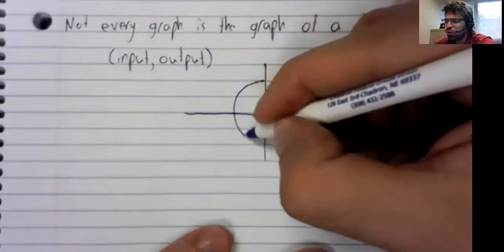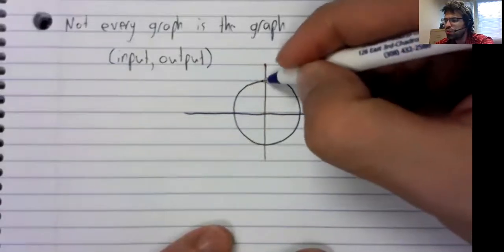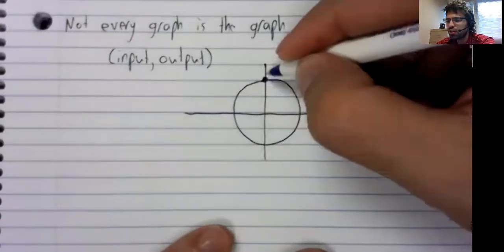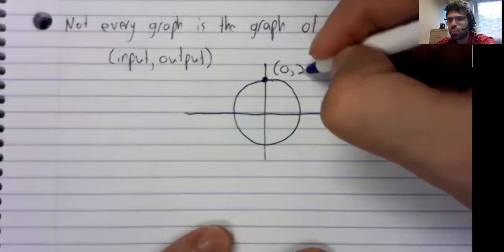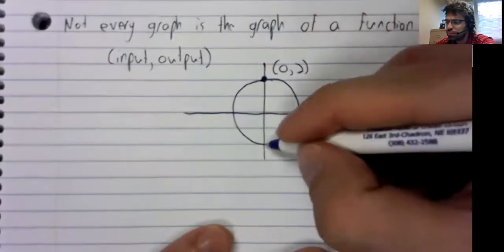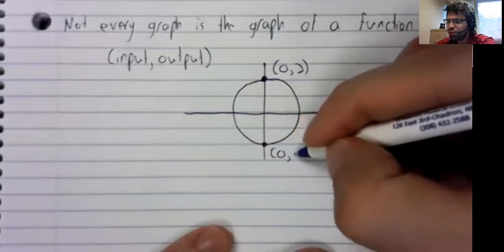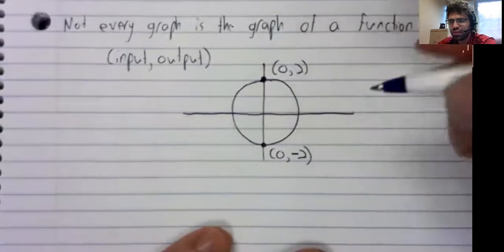A circle with the radius 2 centered at the origin. So this is the point 0, 2. And this is the point 0, -2.